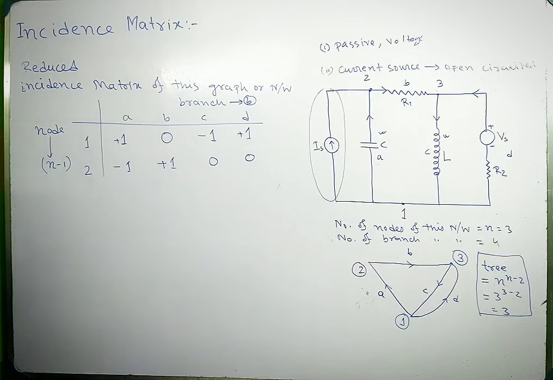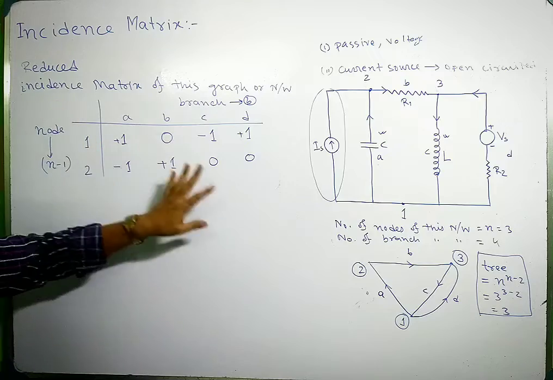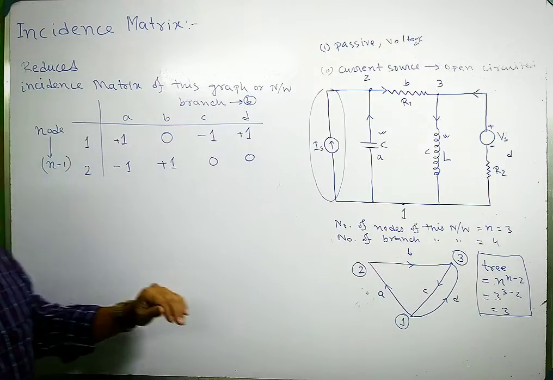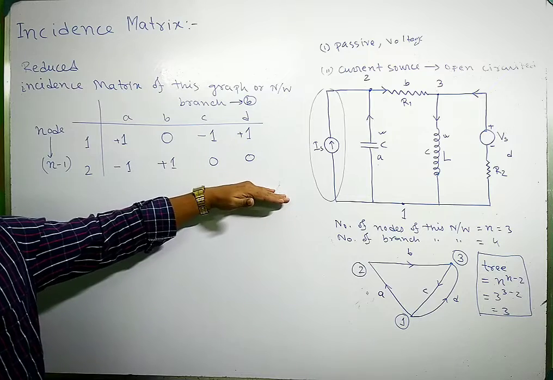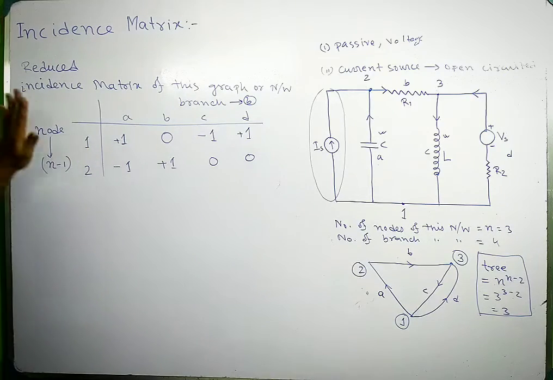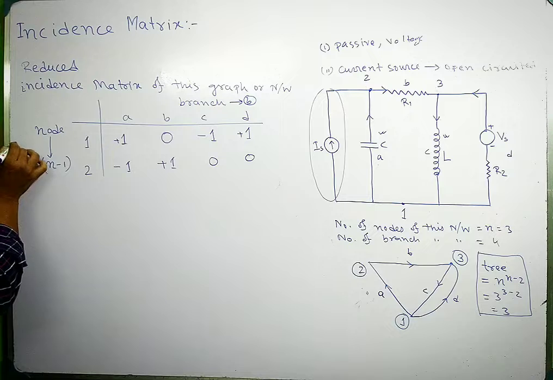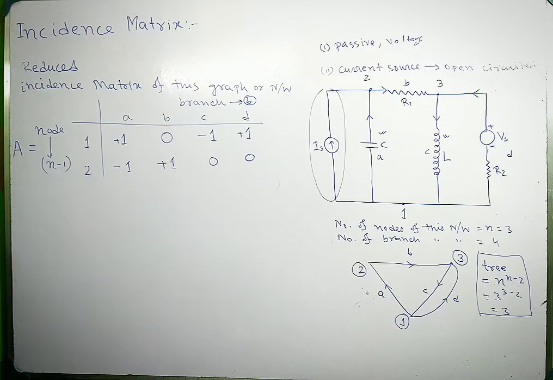So the reduced matrix is the incident matrix of a graph with one row of the incident matrix removed. Then it will be the reduced incident matrix. Suppose this is a reduced incident matrix.